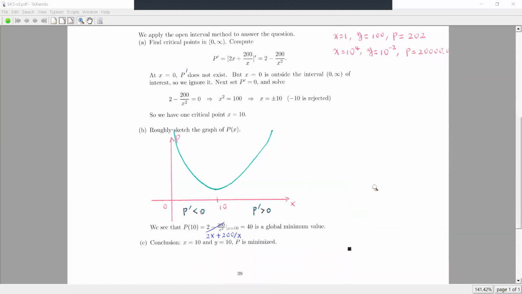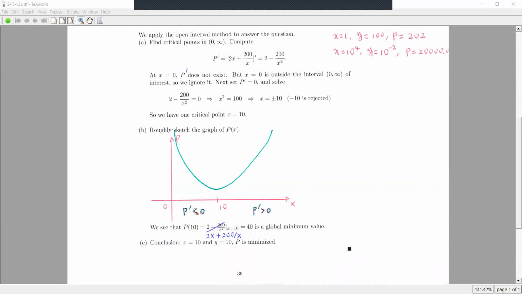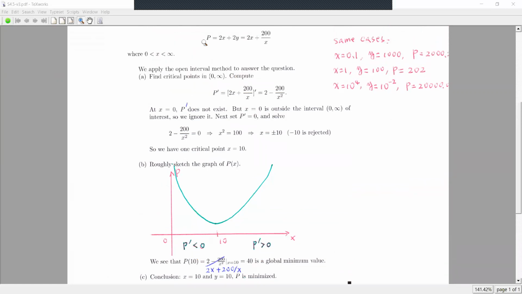Therefore, we see that at 10, P has a global minimum. The global minimum value of P is P at 10. Plug in 10 for x, then we get the function value of P at 10 is 40. So 40 is the global minimum value.